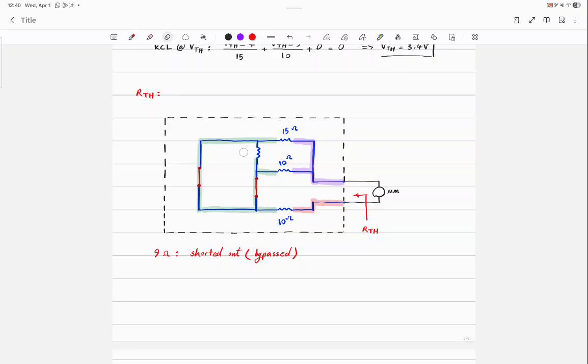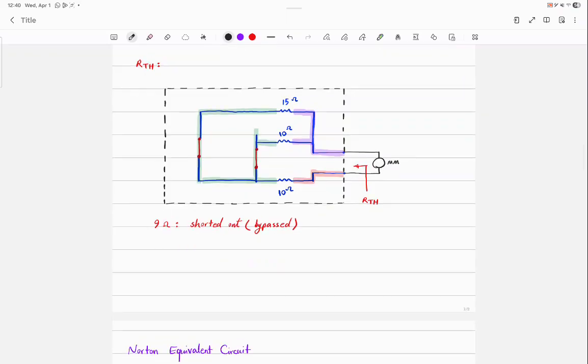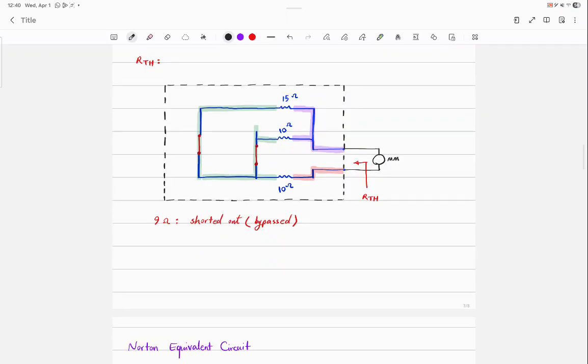So I'm going to remove it. What is left? So you agreed that 15 and 10 are in parallel, right?